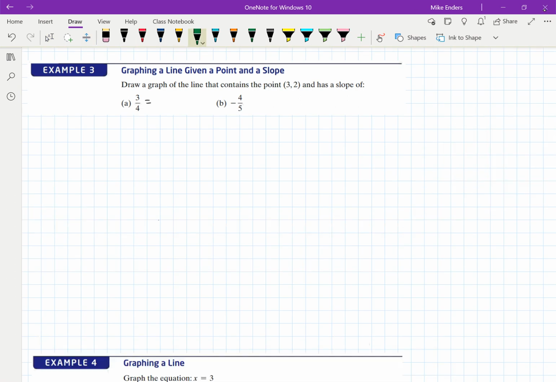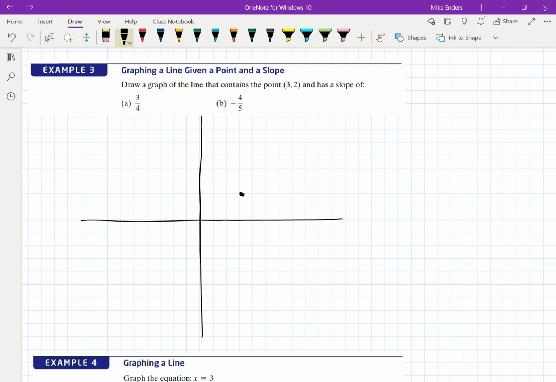In example 3, let's draw a graph of the line that contains the point (3, 2) and has a slope, in letter A, of 3/4 and, in letter B, of -4/5. I'm going to draw XY axes and go through the point (3, 2), which is here.